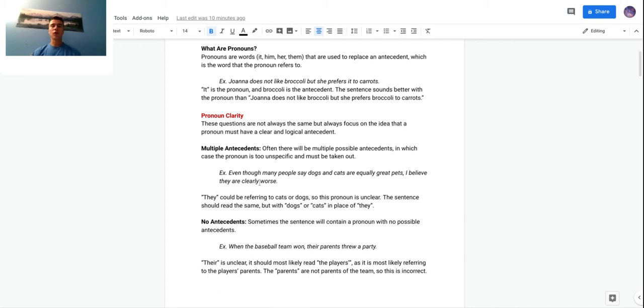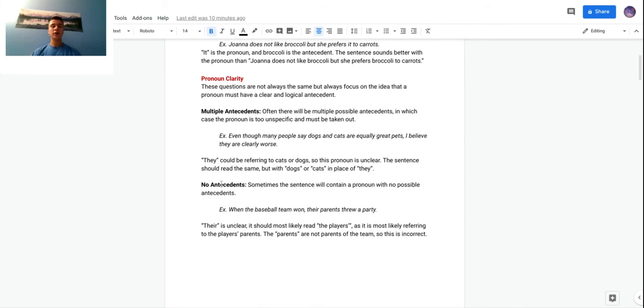But we don't know if it's dogs or cats. So they is pretty unspecific. It's a plural pronoun, but dogs and cats are both plural nouns, so that gives it two possible antecedents. I haven't put answer choices here because I didn't set it up like a normal question, but it would generally say it, them, they, no change, and the right choice would be to replace they with dogs or cats to make it specific.